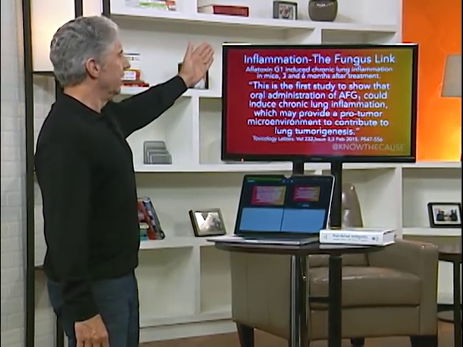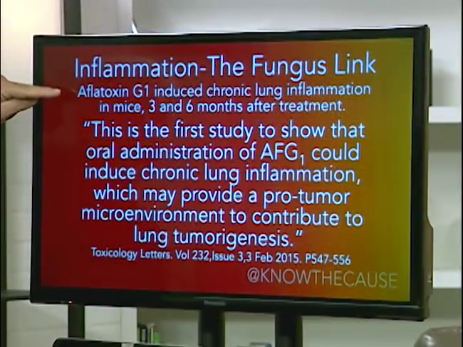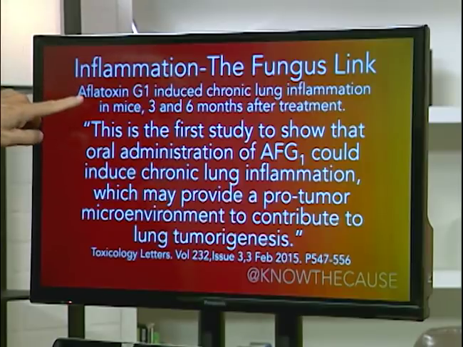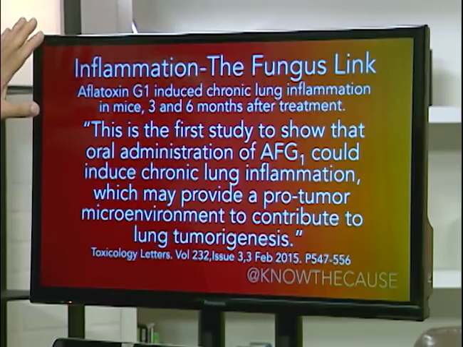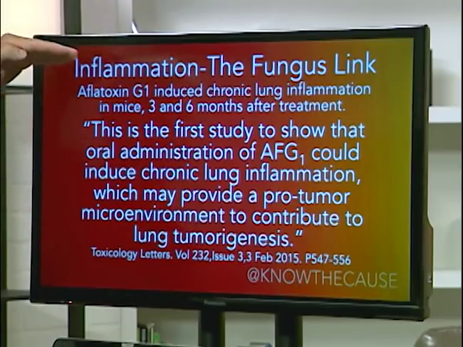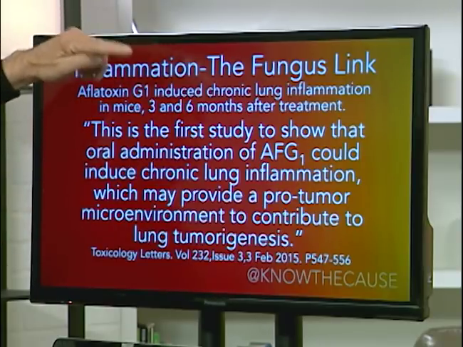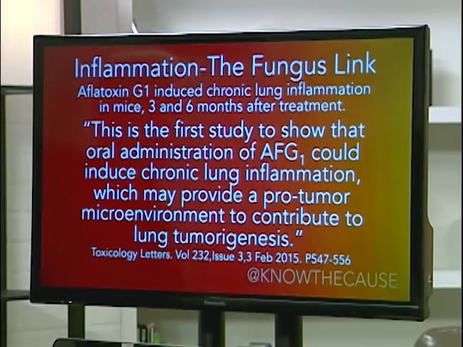How about the fungus link? We go right to that. Do you remember this word, aflatoxin? Aflatoxin has a series of subspecies, aflatoxin B1, aflatoxin G1, and so forth. Here, I'll read this and then go over with you. Aflatoxin B1 or G1 induce chronic lung inflammation, swelling of the lung in mice 3 and 6 months after they injected this mycotoxin into them.